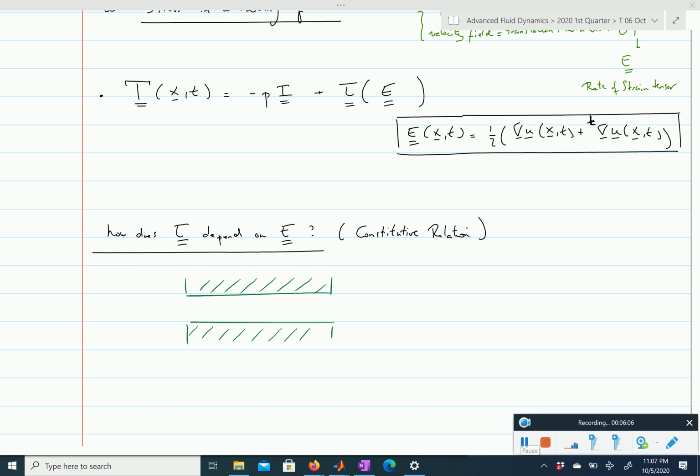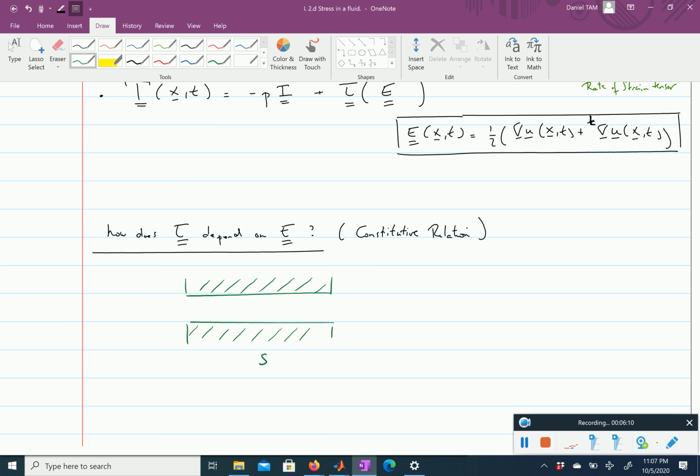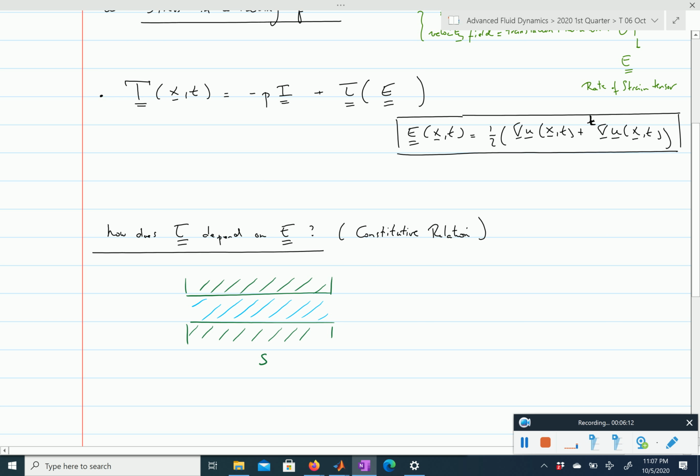Say we have two plates of surface S, and in between we have our fluid sample, and we shear by imposing a velocity on the top plate equal to u. Let's say that this gap width is h, and that the fluid inside is a fluid of density rho and viscosity mu.